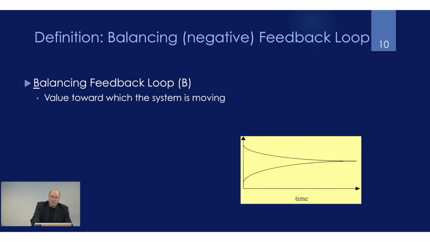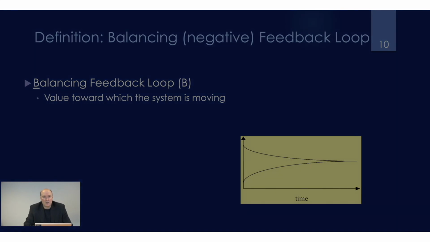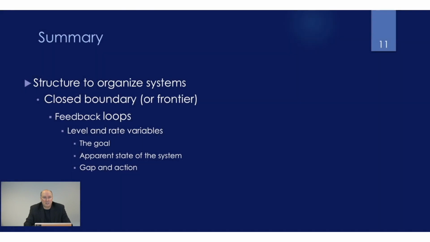So these 2 basically form what we call the basic structure of the system. And in system dynamics, we are looking at closed boundaries or frontiers of a model, within which feedback loop structures exist. And the substructure includes the level and rate variables, which then includes the goal, the apparent state of the system, the gap, and the actions to be taken.